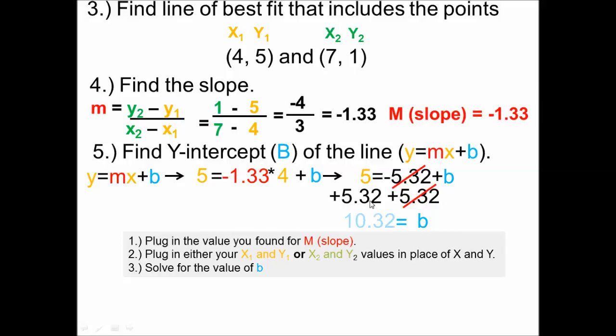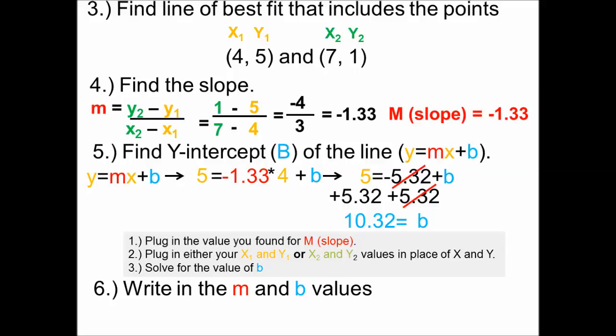So therefore, b is equal to 10.32. Now we just rewrite that in our equation. Therefore, y is equal to negative 1.33x plus 10.32. And you have your final answer. Congratulations, you now know how to solve for a line of best fit when you have your 2 points.